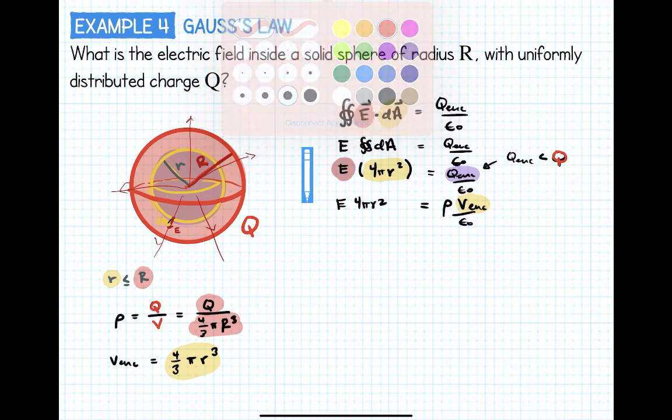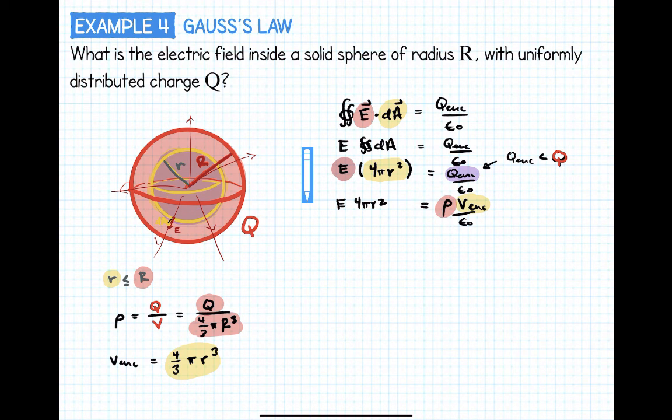The density is going to be from the physical parameters of the physical object. Because remember, the Gaussian sphere is an imaginary thing, and then this is a physical thing. Okay, so the charged sphere is a physical thing. So we can write these in. So this becomes Q over 4/3 pi capital R cubed, because that's the total sphere, the physical actual charged sphere.